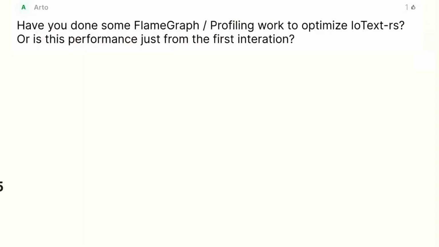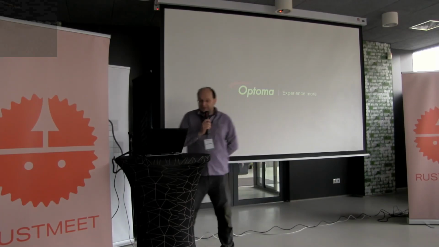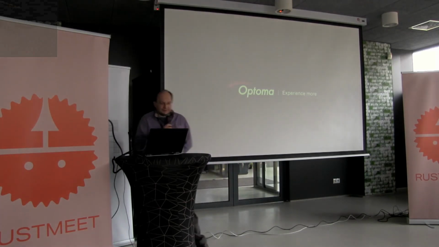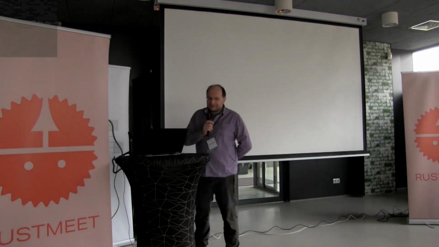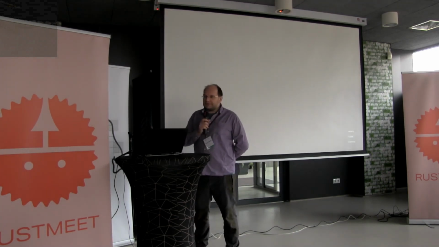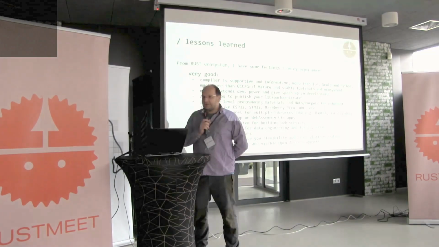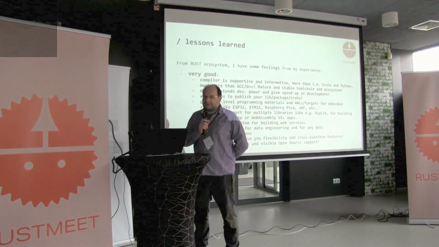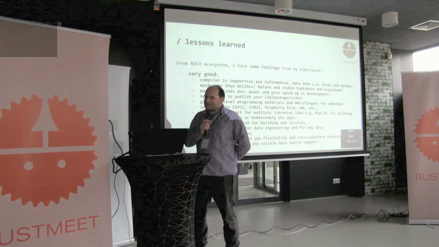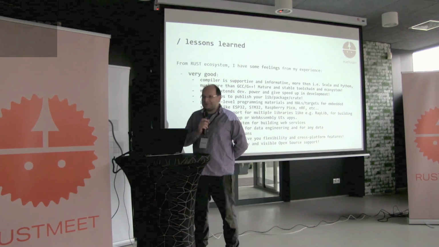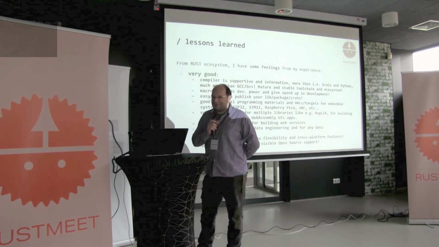And the last question for now. Have you done some flame graph profiling to optimize IoText errors? Yeah, this is what I have in my plans about increasing performance, and I have some ideas how to profile those things, but as I said, this is a journey. Yeah, so I need to spend the next weeks maybe on that.